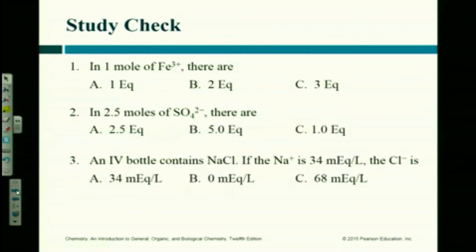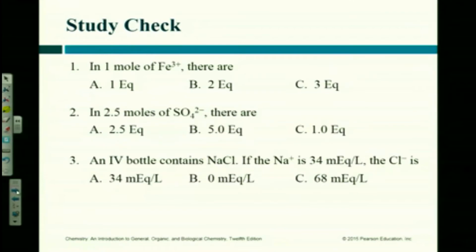What if you had 2.5 moles of sulfate? How many equivalents do you think there are? 5. Why 5? There's 2 charges, 2 minus, times 2.5, gives you 5.